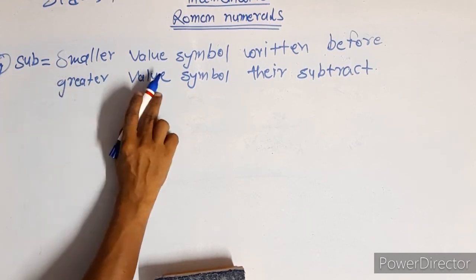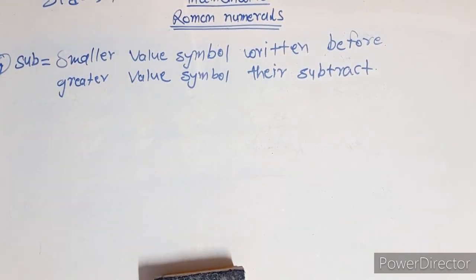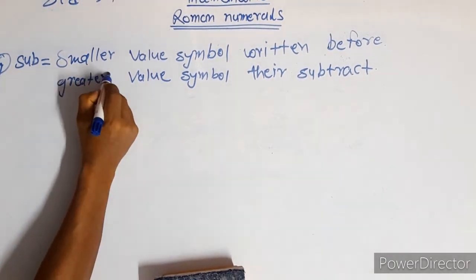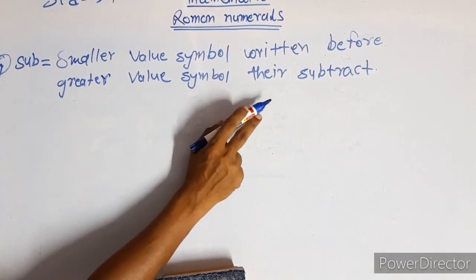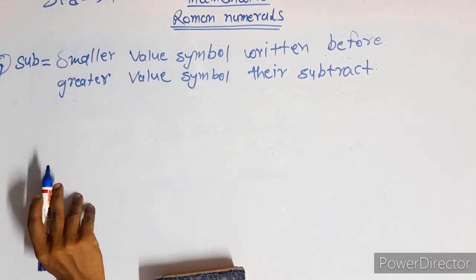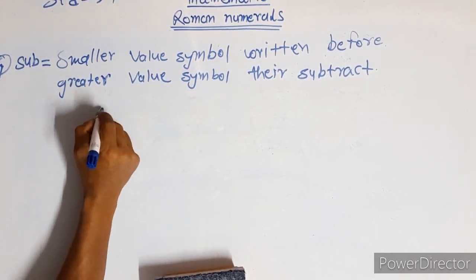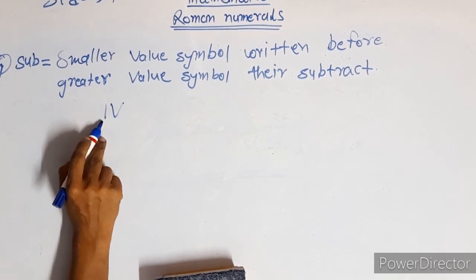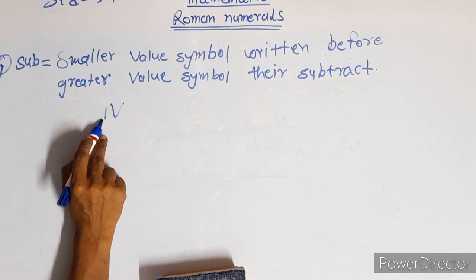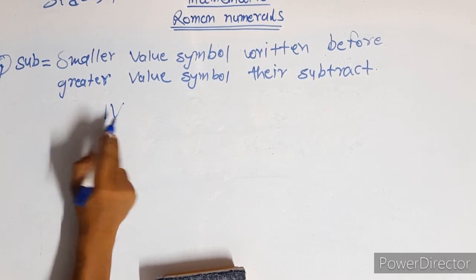Now if the smaller value symbol is written before the greater value symbol, their subtraction they make. For example, IV, it is a smaller value symbol written at the left side of the greater value symbol.